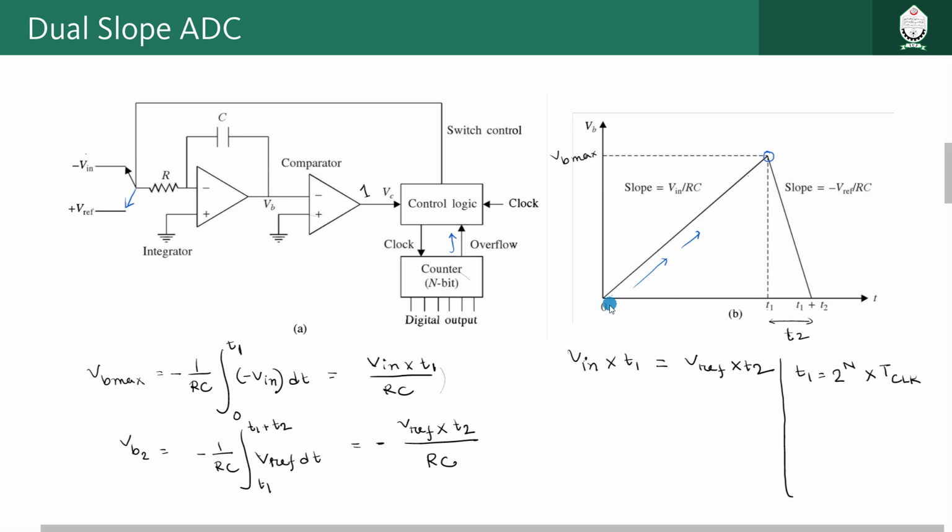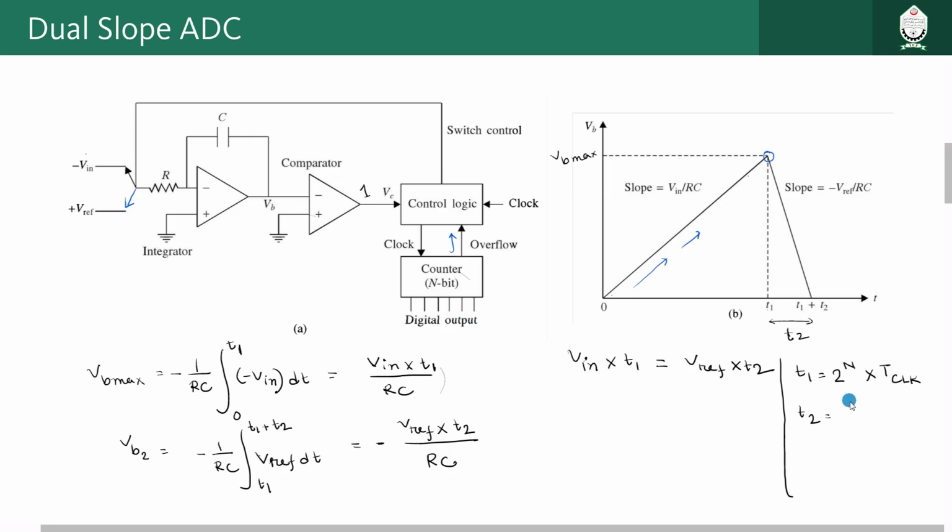So T1, from this duration, this to T1, in this duration the counter starts from 0 and counts up to its maximum value. So it is actually 2 to the power n, capital N, multiplied with TCLK. And for T2 is equal to what? We can call from T1 to T1 plus T2, or in the duration of T2, what we have done, we have counted up to the value of our digital output, right?